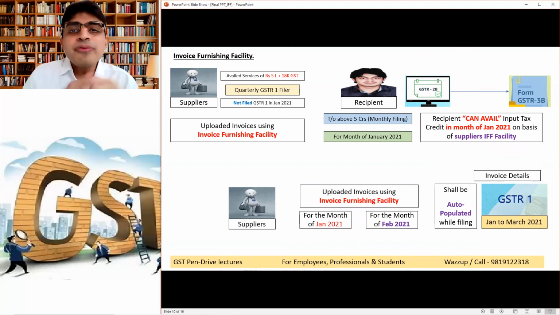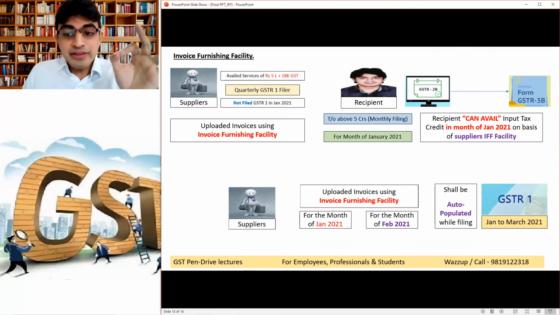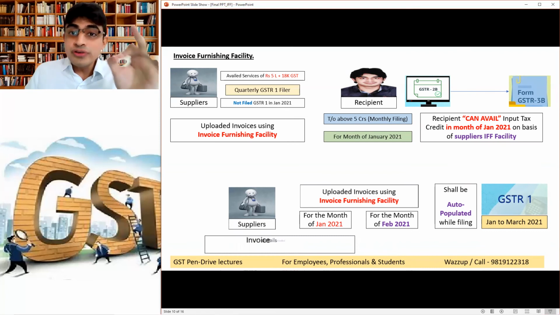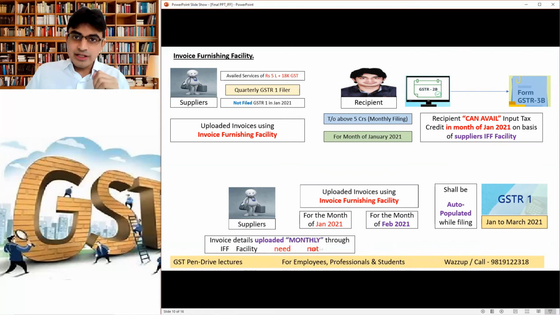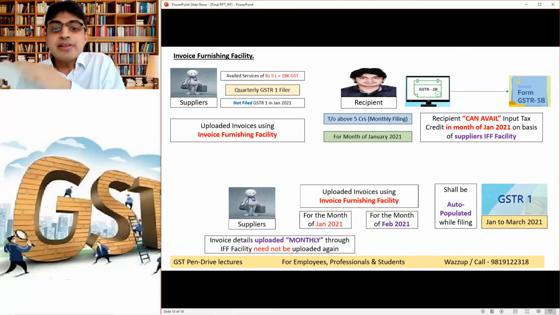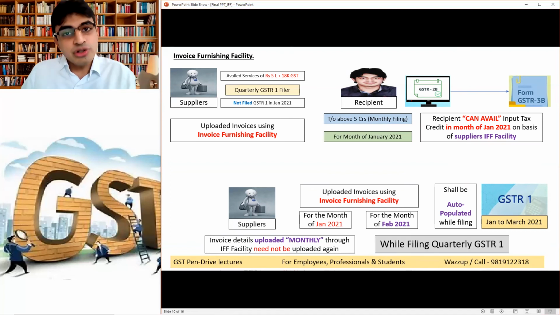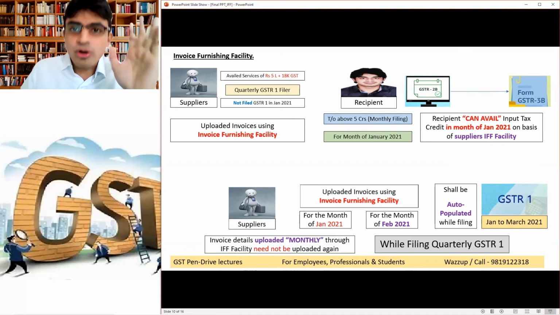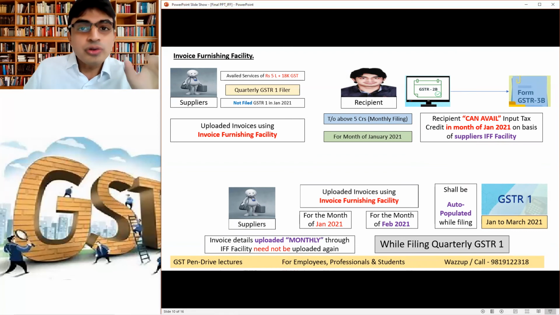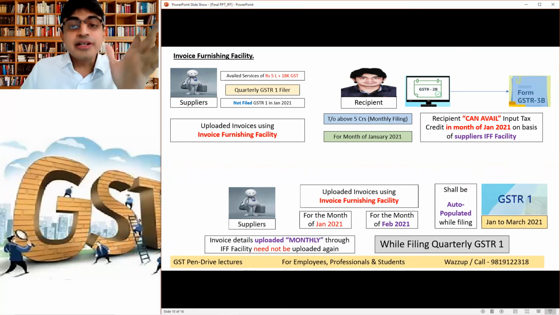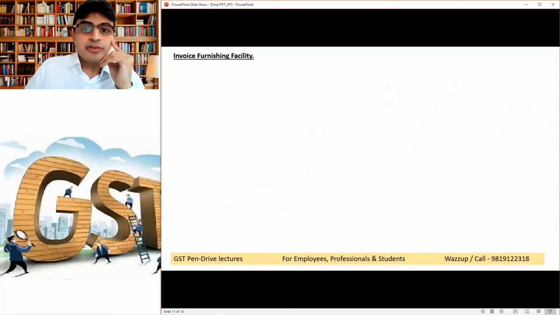So you don't have to fill the details twice. Once you have filled the details using the invoice furnishing facility, all the invoice details will get auto-populated in your GSTR1 when you file your quarterly GSTR. So twice you need not do it. You will be able to import. But currently this facility is not there on the portal.